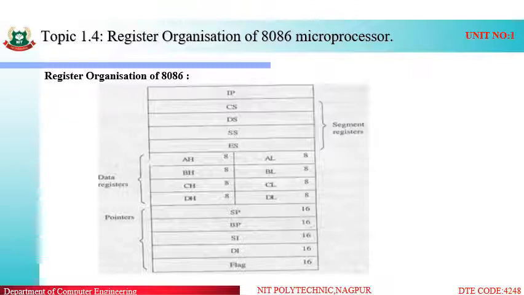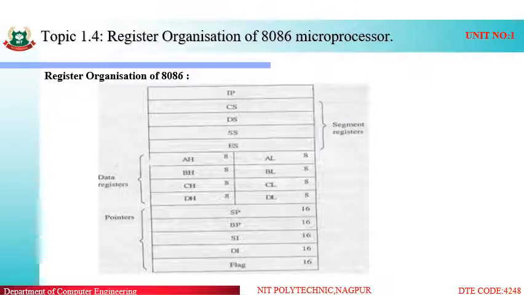Segment registers are four: CS, DS, SS and ES, that is code segment, data segment, stack segment and extra segment. Next are pointer registers. Pointer registers are also shown as four here, but basically we have only two pointer registers, SP and BP.